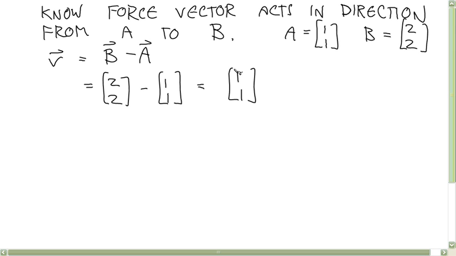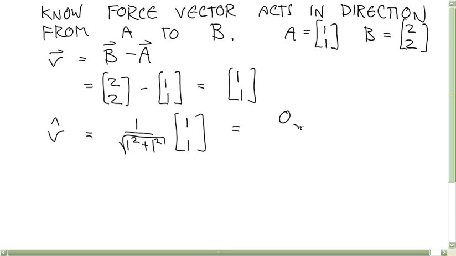So that's a vector pointing from A to B, but it has a length different from 1, so now we want to turn that into a unit vector. So V hat is equal to 1 over the square root of 1 squared plus 1 squared, so that's the square root of 2, times the vector 1, 1. And if you multiply that out, you get 0.7071, 0.7071.